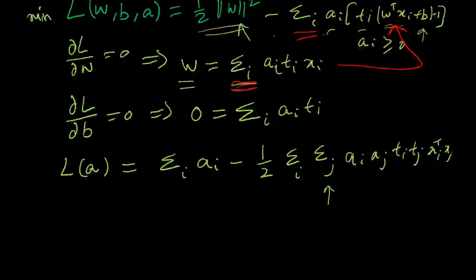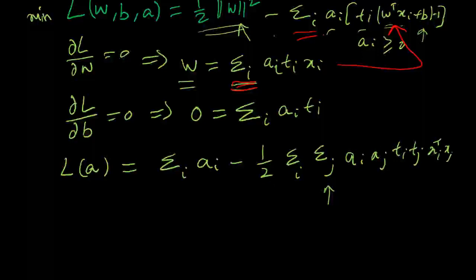These are going to be two different summations, both running over all training points. So one will be over index i, the other will be over index j, so that we have non-same index pairs like xi and xj. Once we have that, this is the equation that we will get.